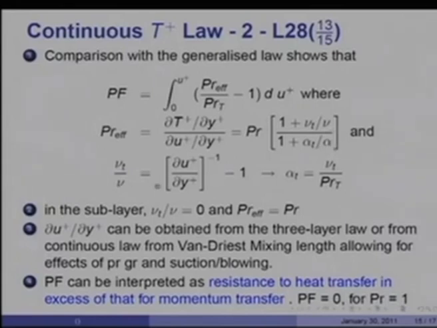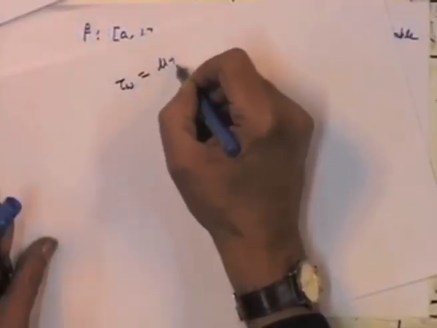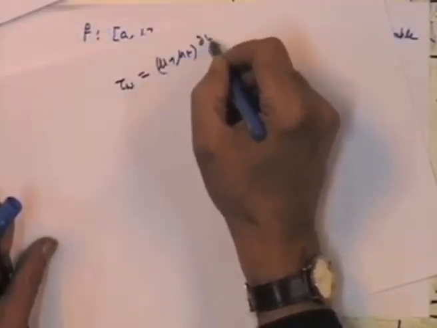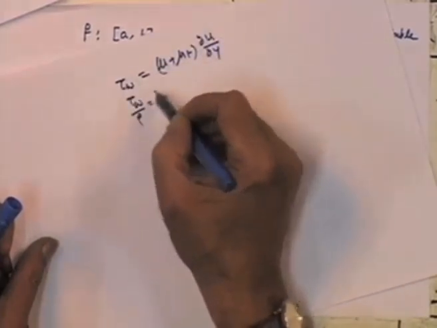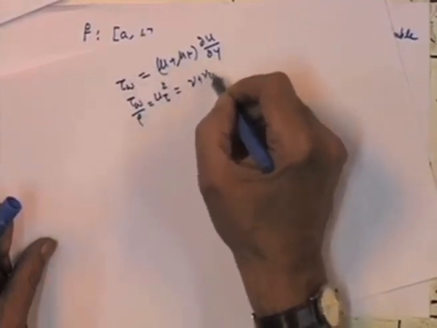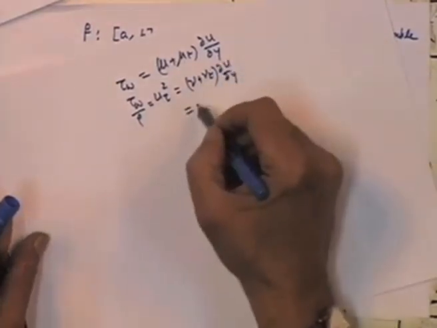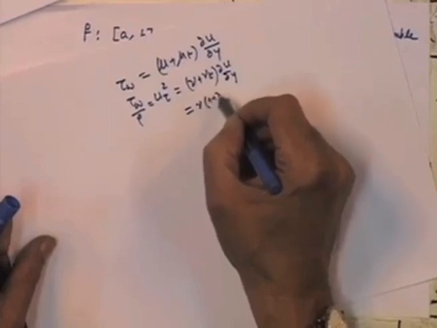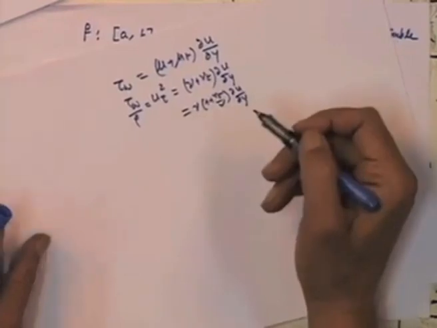And nu t by nu will be given by this. Why? Because remember, tau wall is mu plus mu t du dy, and therefore tau wall over rho, which is equal to u tau squared, will be nu plus nu t into du by dy, and that will be equal to nu into 1 plus nu t by nu, du by dy.